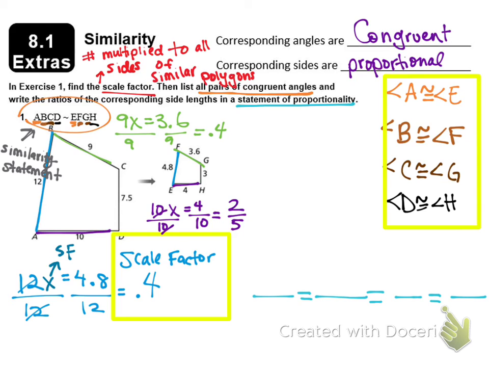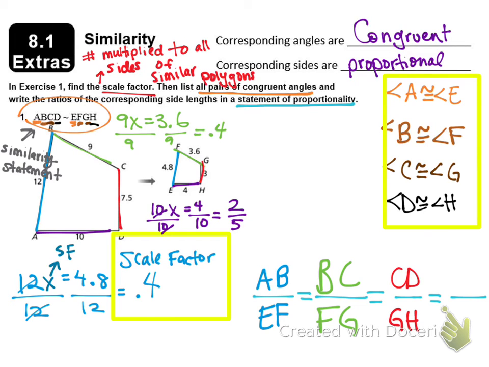I kind of already highlighted some. Let's say AB. If I say AB, what's going to go in the denominator? EF. If I say BC, what goes in the denominator of our second fraction? FG. If I say CD, GH.